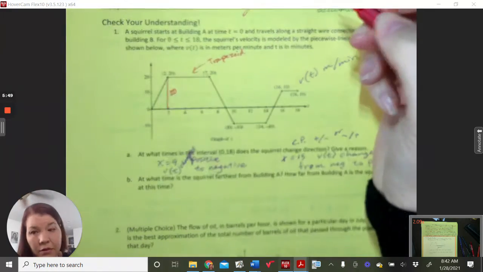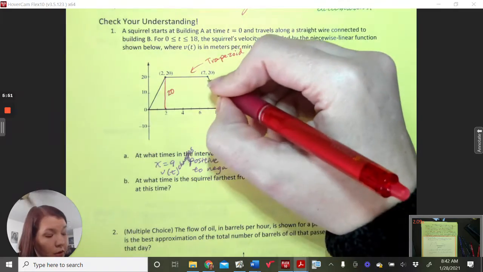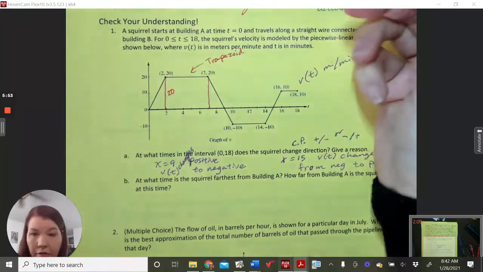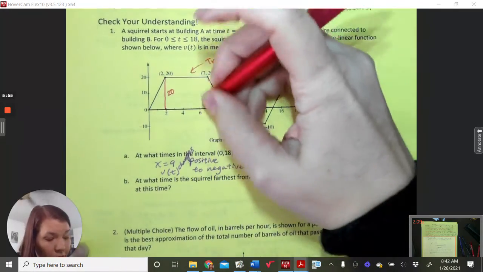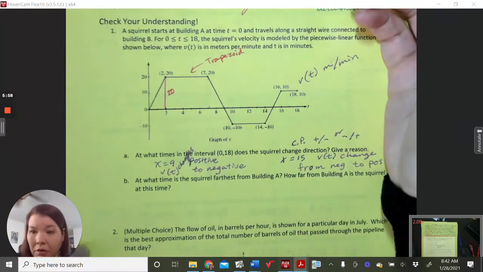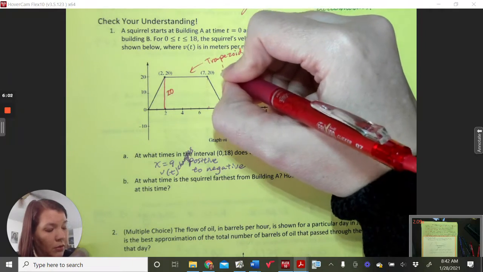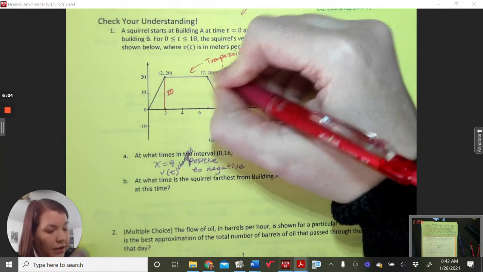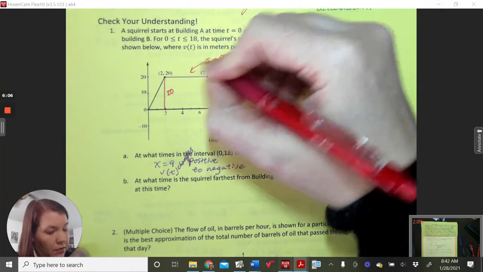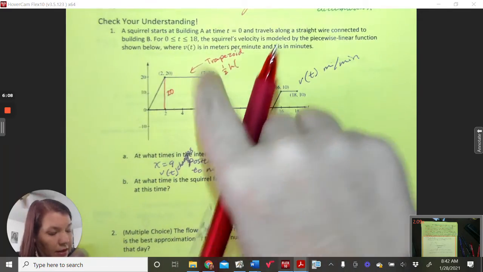Now I can absolutely break this into shapes that make me more comfortable. I can do 2 triangles and a rectangle in between. I'm going to go ahead and use the trapezoid formula just to get us familiar with it. We're going to be using it a lot on Monday. So the trapezoid formula, 1/2 the height, which is 20, times base 1, which is between 2 and 7, so that's 5.